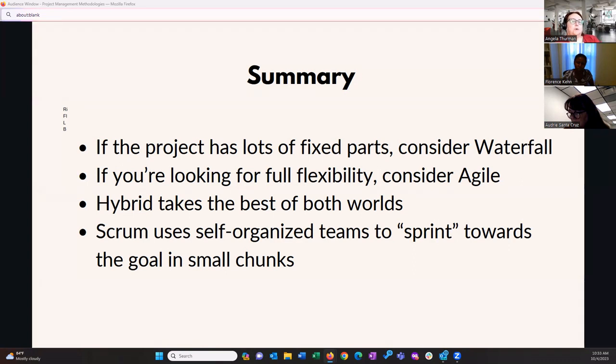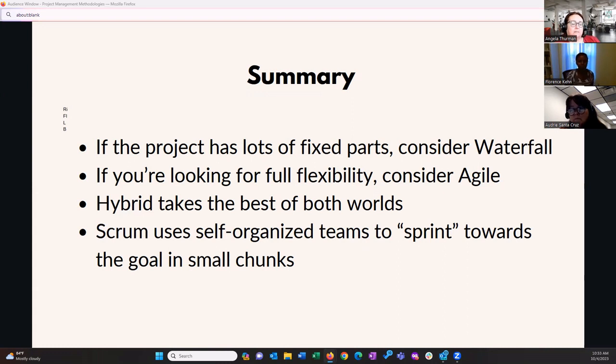Waterfall is going to follow the initiating, planning, executing, monitoring and controlling, and closing phases of project management. That's what the waterfall is. And in each of those phases, you're going to perform specific tasks.